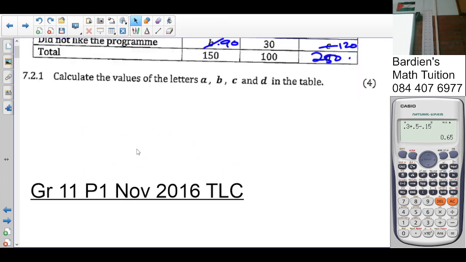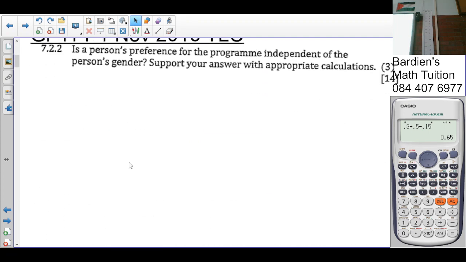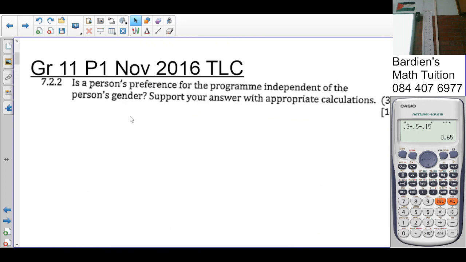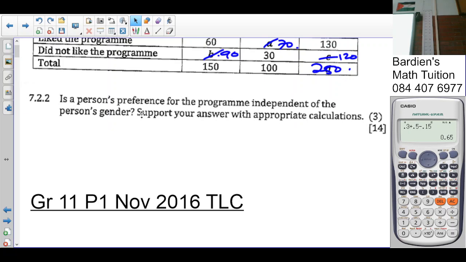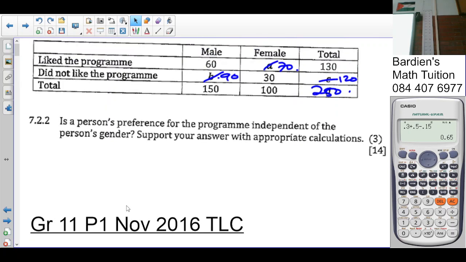Let's look at the next question. Is a person's preference of the program independent of a person's gender? Support your answer with appropriate calculation. So for independent events, if one way is independent, all ways are independent. Okay.